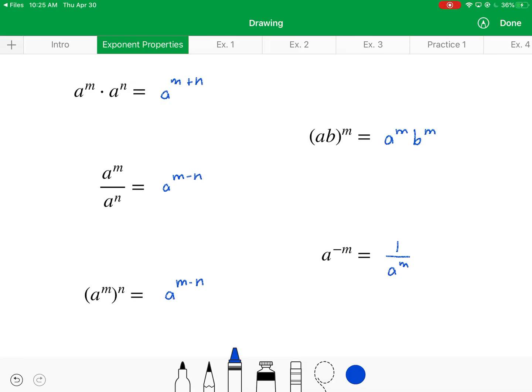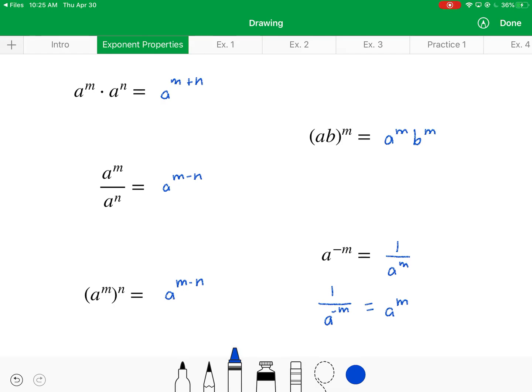Okay, and that also works. Let's say we had 1 over a to the negative m. That is the same as a to the positive m over 1. Okay, so don't overcomplicate that. If you have a negative exponent, it can become positive by just moving it to the other half of the fraction.